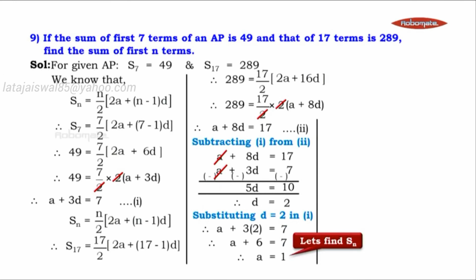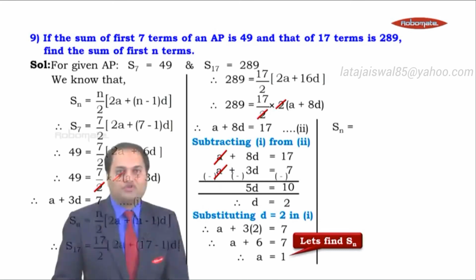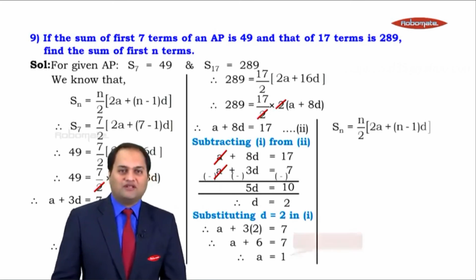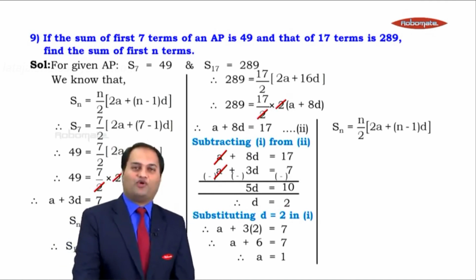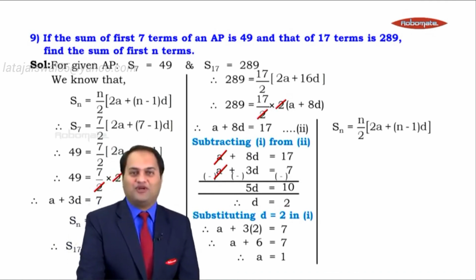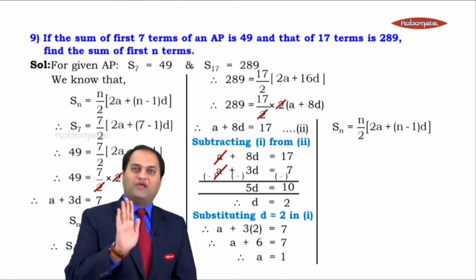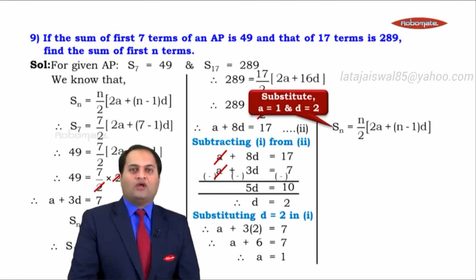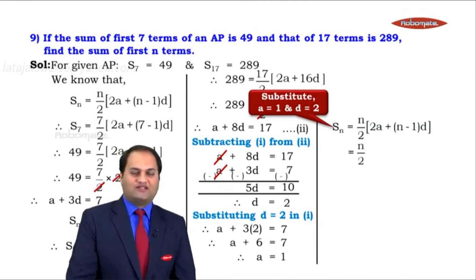Now let's find Sn. To find Sn, again we need to use the formula. Which formula is to be used? Definitely the first formula because d is here. So Sn is equal to n upon 2 into (2a plus (n minus 1) into d). n will be n because we are supposed to find Sn. Substitute a as 1 and d as 2.